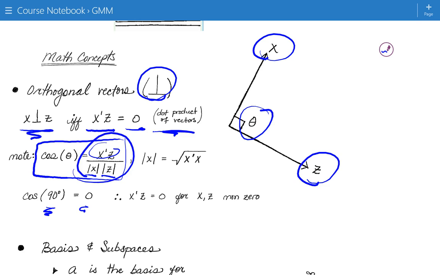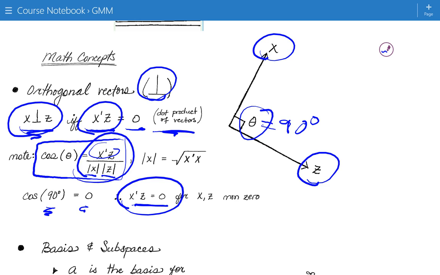And the way that that could be the case for all non-zero x's and z's is going to be if x transpose z itself is equal to 0. So this is just another way to see that variables have a 90-degree angle between them if they are orthogonal, and therefore if x transpose z is equal to 0.